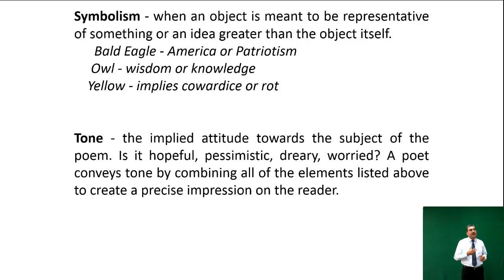It's a symbol of America or patriotism. Another symbol is the owl. Usually the owl is a symbol for wisdom or knowledge. If we go to colors, for example, yellow. Yellow implies cowardice. It means not brave as well.